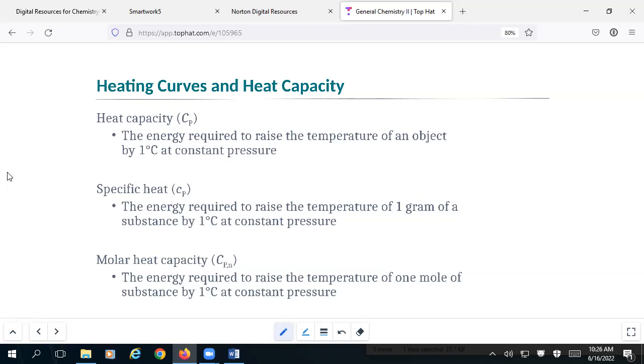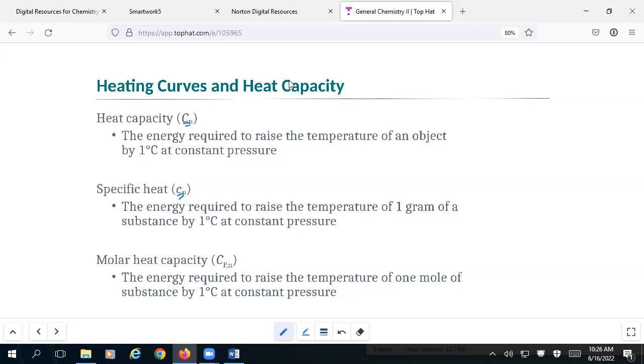Notice the difference here, again, in our capitalization. Heat capacity is given a capital value. Specific heat is given a lowercase value. Specific heat standardizes that heat capacity value by saying, forget this difference between big objects and little objects.